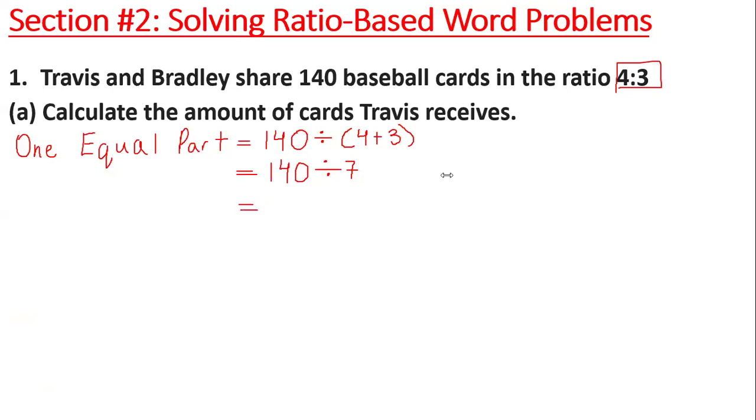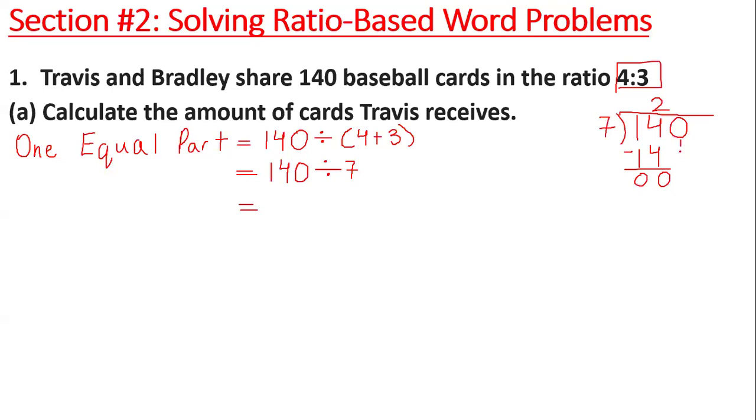Let's do 7 into 140. How many times does 7 go into 14? 2 times. 7 times 2 is 14. 14 minus 14 is 0.